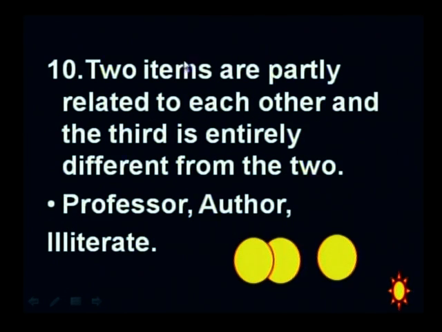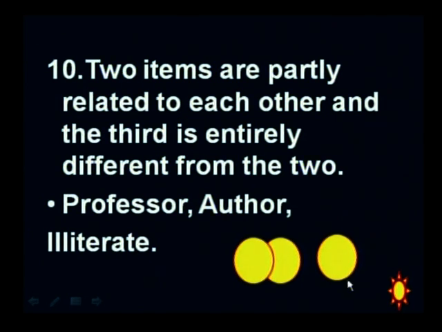The last one now: two items are partly related to each other and the third is entirely different from the two, like professor, author, illiterate, that is, a few professors can be authors. This is professor, this is author, and there can be an intersection: authors can be professors, professors can be authors.